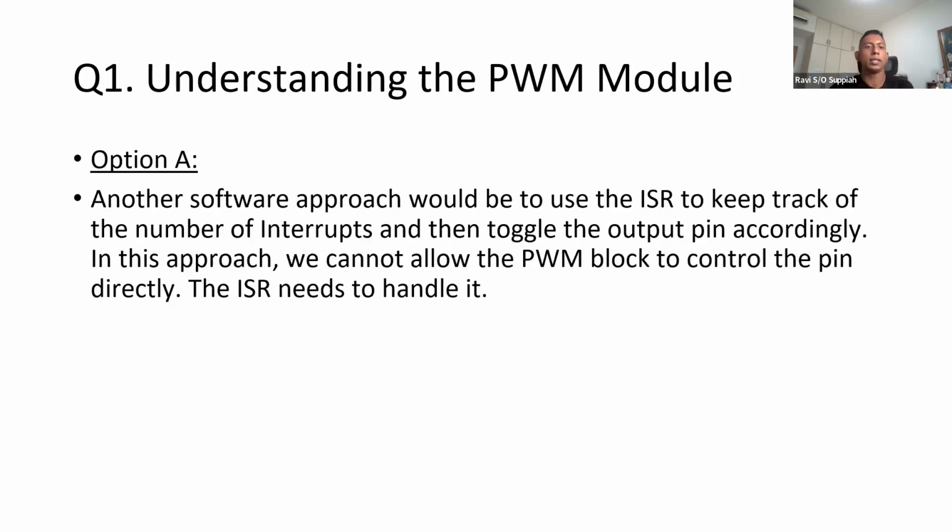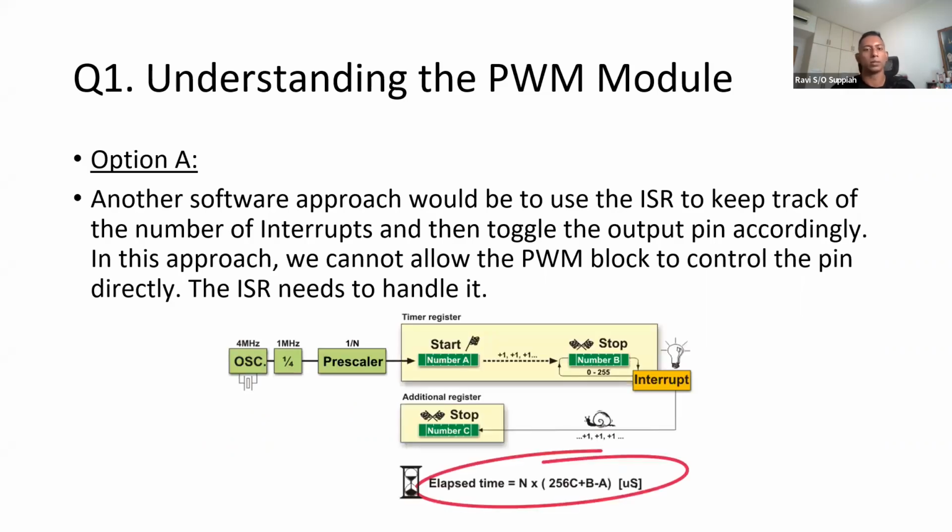One solution is to consider a software approach to keep track of the number of interrupts, and then toggle the output pin accordingly. That means, for example, if I take timer 0, I know that timer 0 starts from value 0, goes up to 255, and then comes down. This duration is determined by my f clock divided by the prescaler.